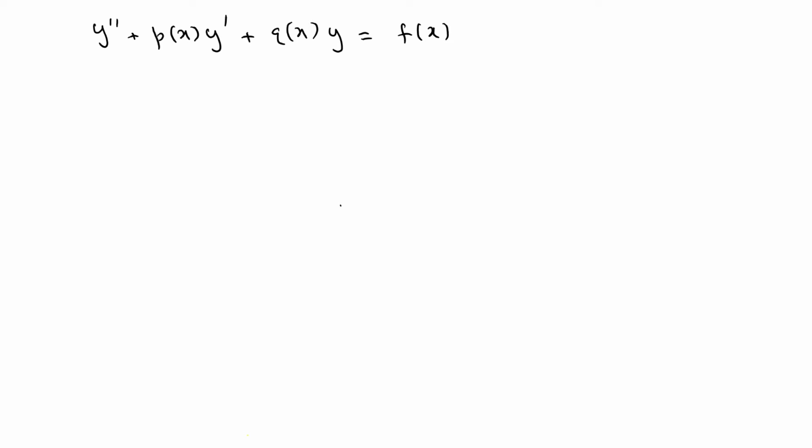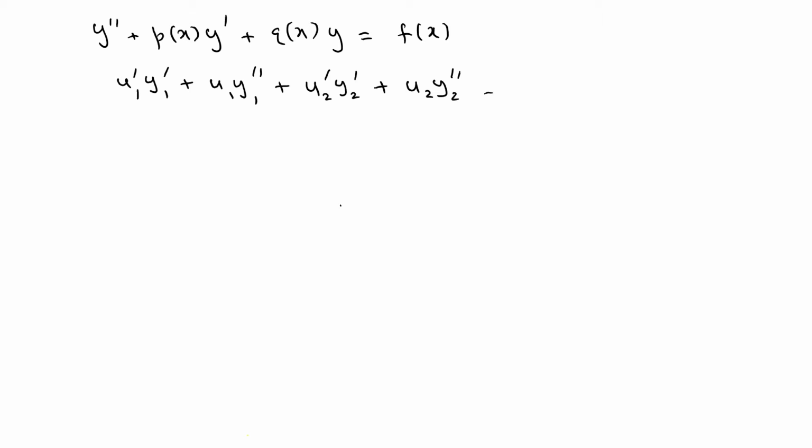So we get u1 prime y1 prime plus u1 y1 double prime plus u2 prime y2 prime plus u2 y2 double prime. That's the first term.